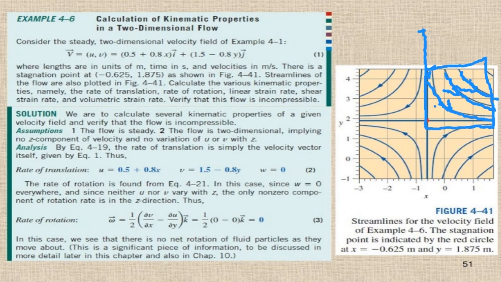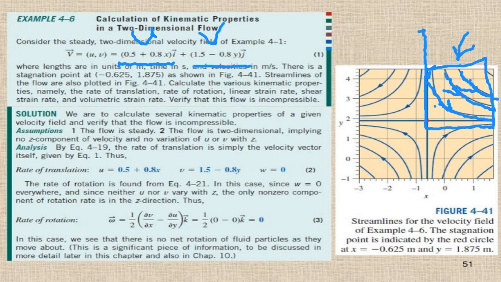If you go to the previous chapter, you will understand what I say. So we have studied only this part. And in this part, the translation rate, the translation vector, which is the velocity vector, was given with the u component to be this, and the v component to be that.